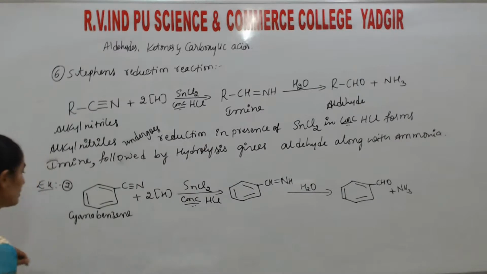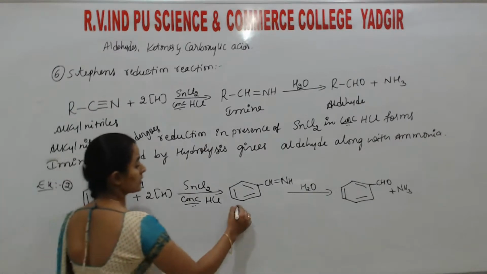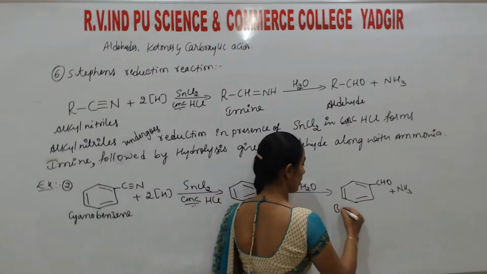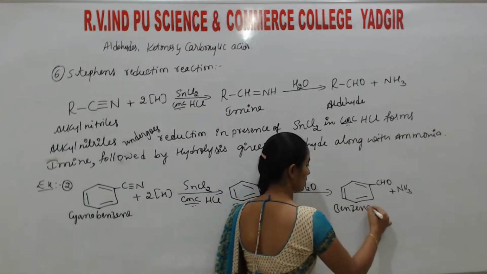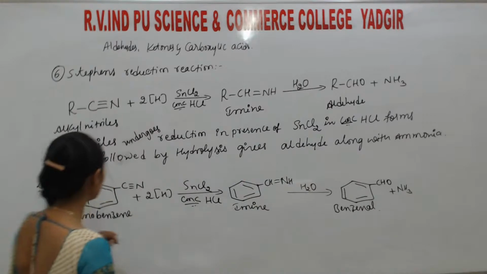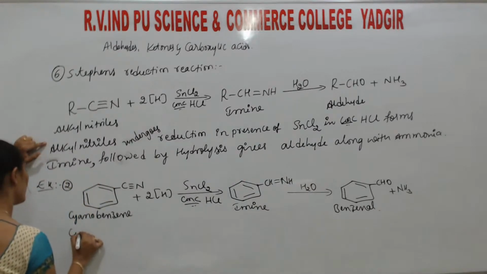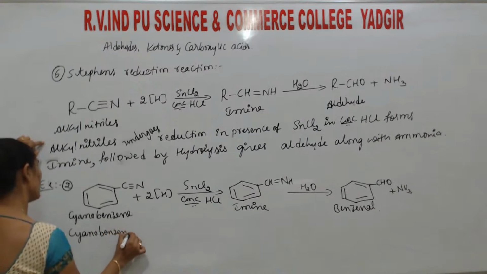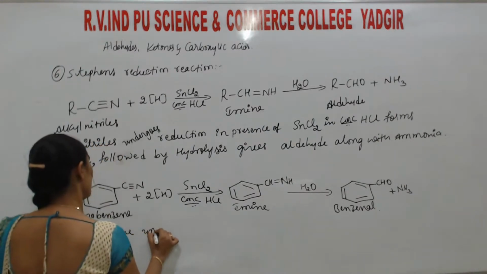So how do you write? Listen here. This is imine. This is benzaldehyde. So I just replace the sentence here: alkyl nitrile becomes cyanobenzene. Same follows.